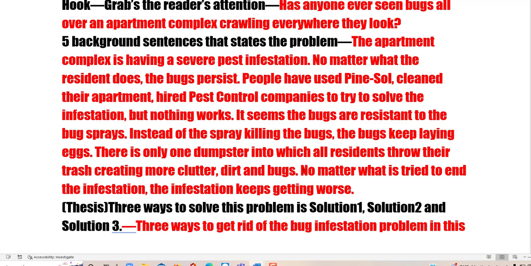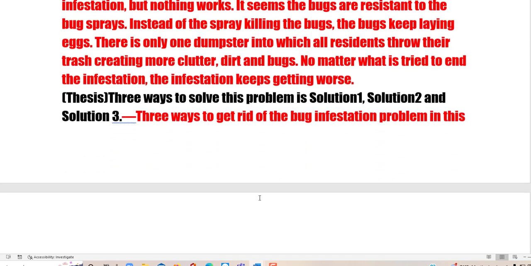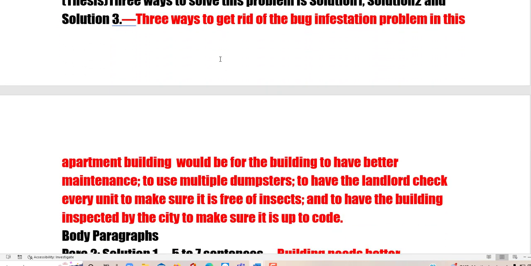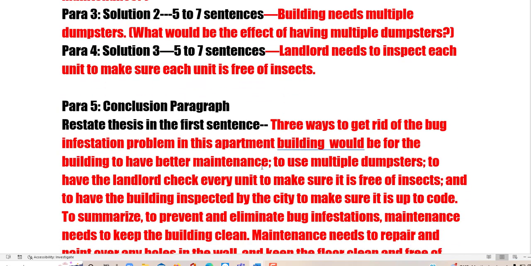Three ways to get people to pick up after themselves would be to have a fine, or to shame them by actually telling the person to pick up after themselves. Then you write about those 3 solutions, and then you have a conclusion.